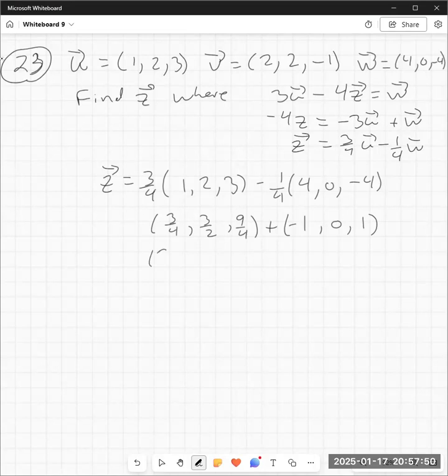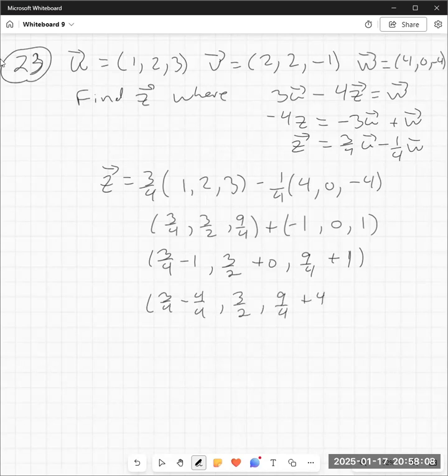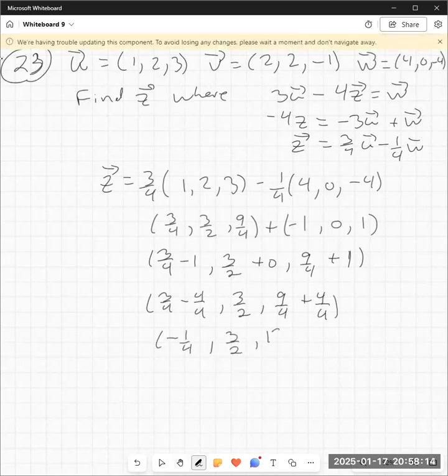And so that's 3/4 minus 1, 3/2 plus 0, and 9/4 plus 1. 3/4 minus 4/4 is negative 1/4, 3/2, and 9/4 plus 4/4 is 13/4.